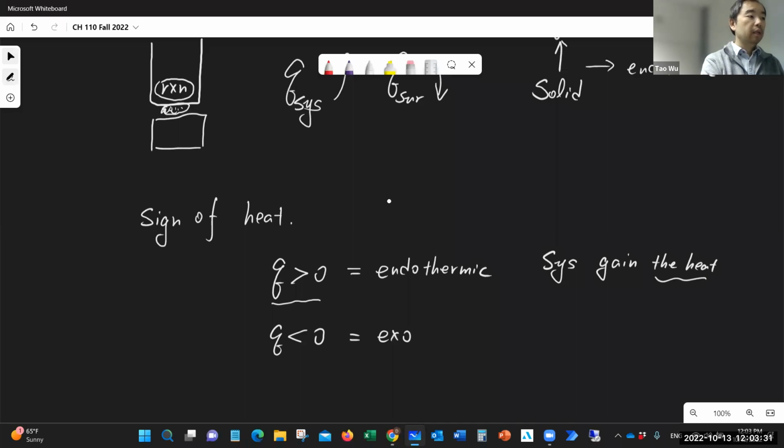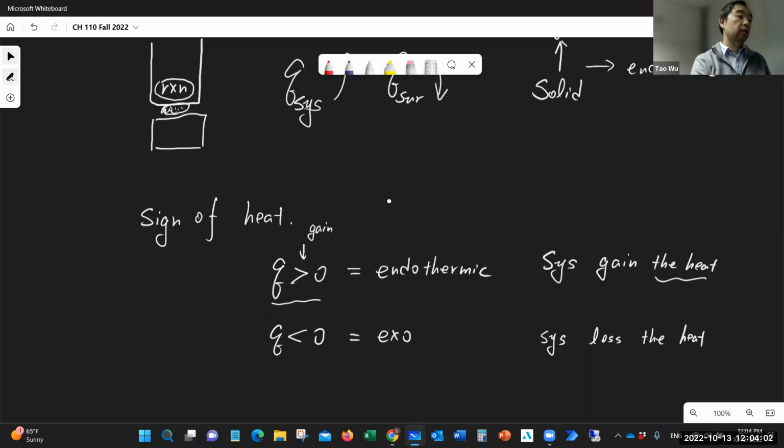So that is why a positive number is a gain. If the heat is positive, that means the system gains. Everything here is talking about the system. If it's negative, that means the system loses heat. If Q is larger than 0, the system gains, because the heat of the system is getting more.